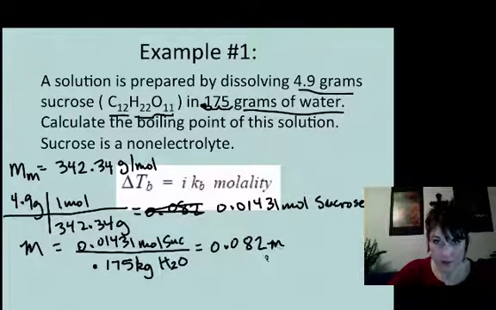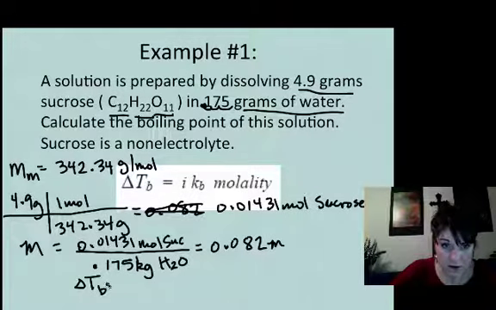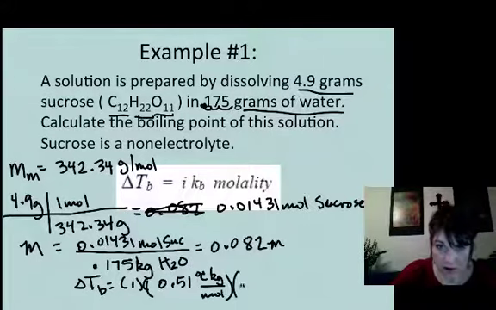0.082 molal. Now that I have the molality, I can go ahead and find the change in the boiling point temperature. So delta T sub B is going to be equal to my van 't Hoff factor of 1 times Kb, 0.51 degrees Celsius times kilograms over moles, and then multiply that by molality, which was 0.082 moles per kilogram.